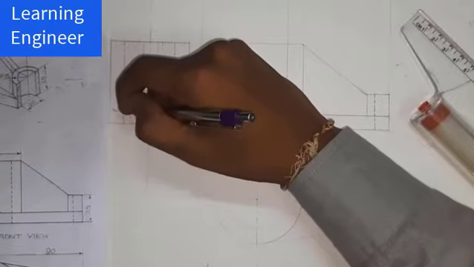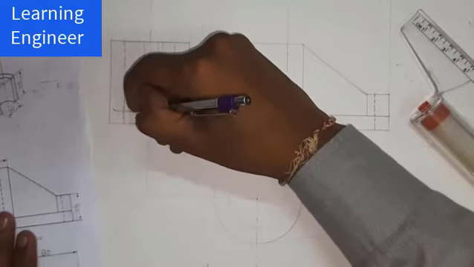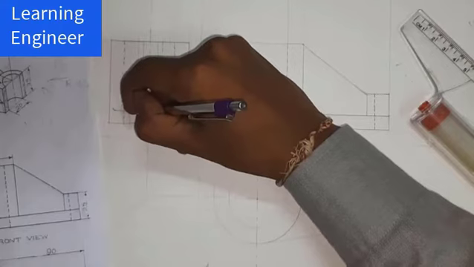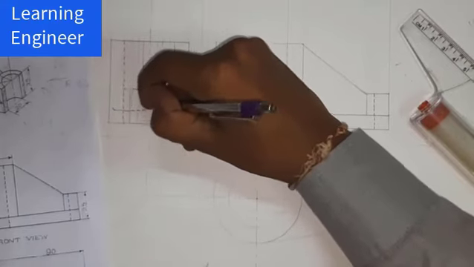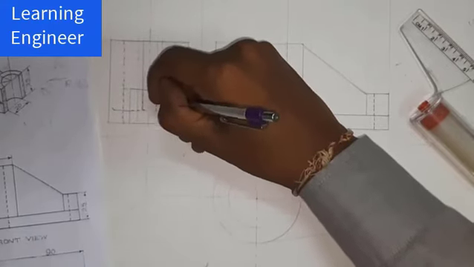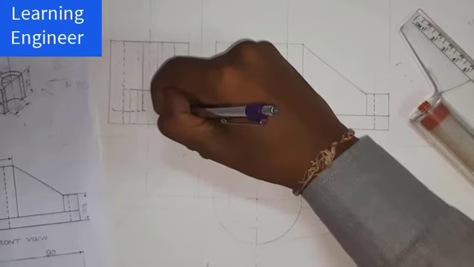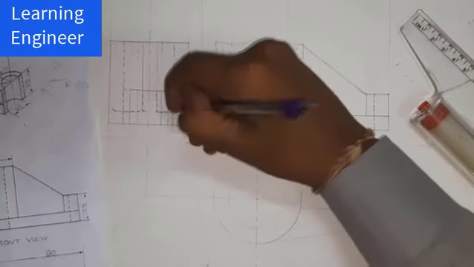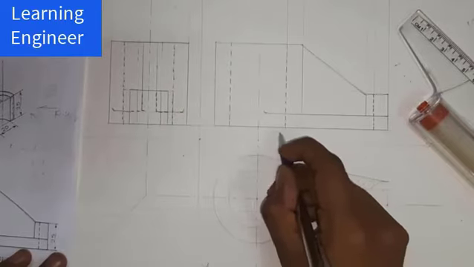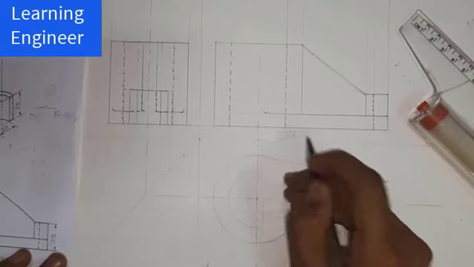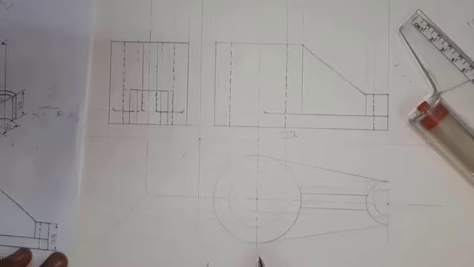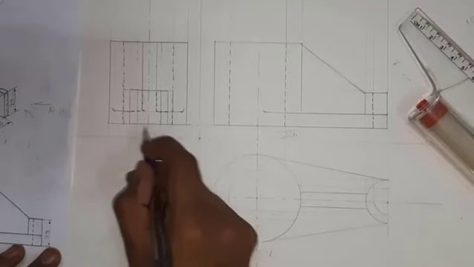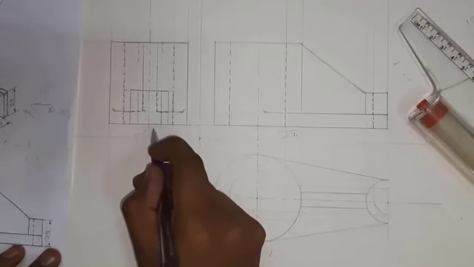Okay, this will be dark till here and this will be dark till here, but this will be the hidden line, and again this will be the hidden line, because on the inner side it will not be visible. See, this is what you have to remember. So this is our front view, this is our top view, and this we have drawn the right hand side view.